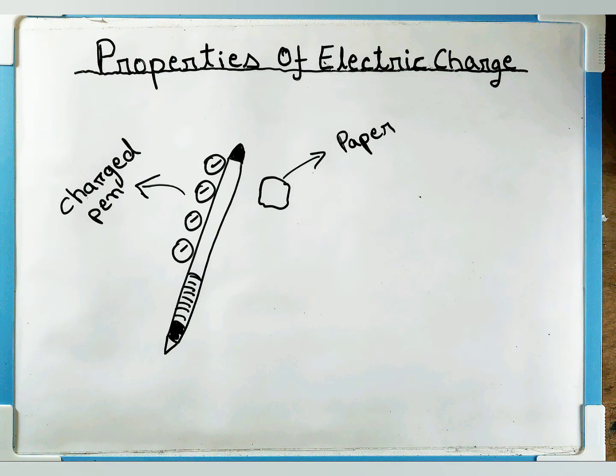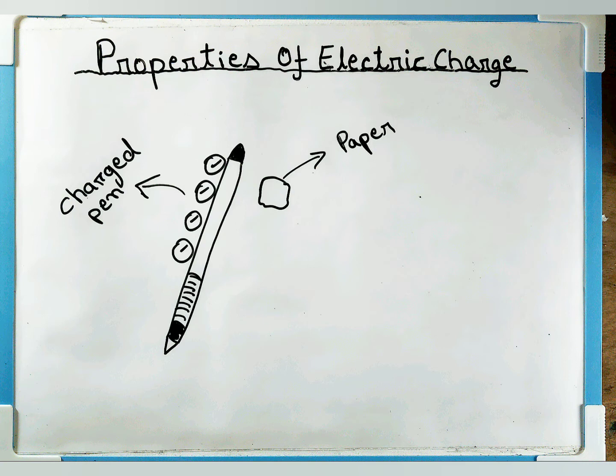So now if I take this negatively charged pen and bring it close to the piece of paper. Again, the piece of paper here is also neutral at first. As I bring the negatively charged pen to this piece of paper, what happens is that the electrons in the paper will be repelled by this negatively charged pen.